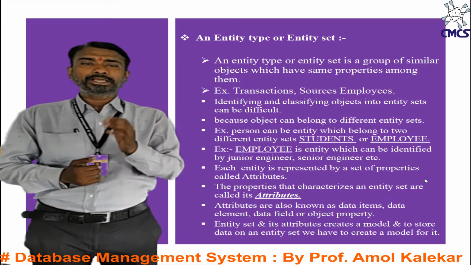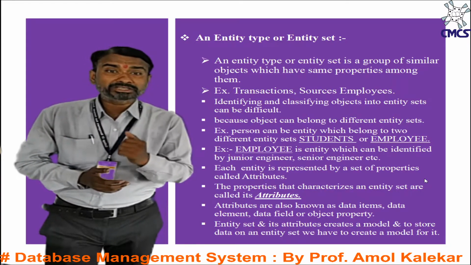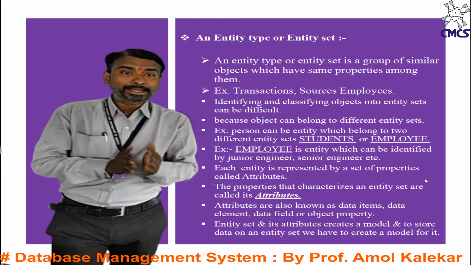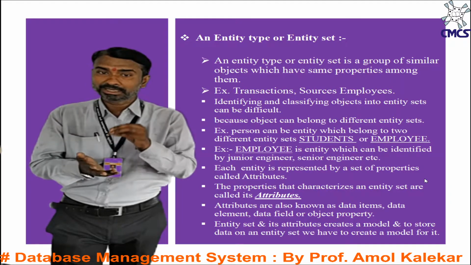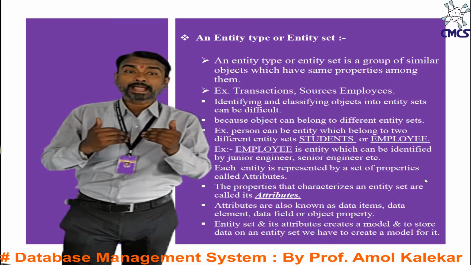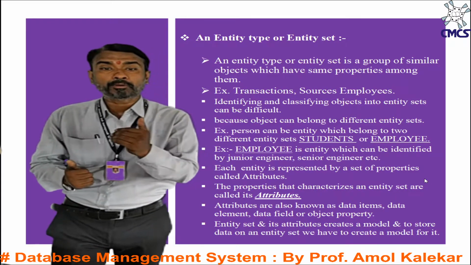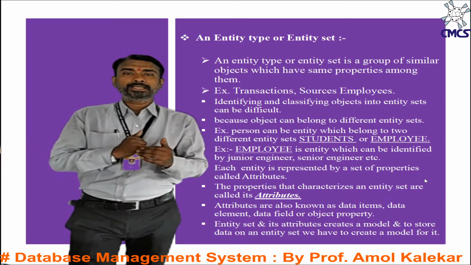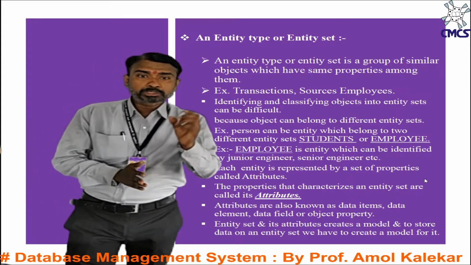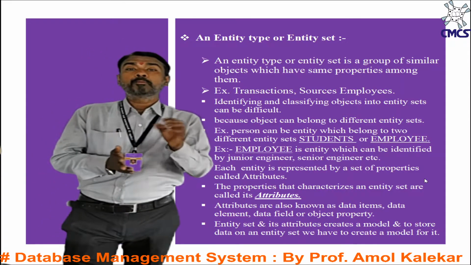Again, we can say that each entity is represented by a set of properties called its attributes. The properties that characterize an entity set are basically called its attributes. Attributes are also known as data items, data elements, data fields, or object properties. Then we can say that an entity set and its attributes create a model, and to store the data on an entity set we have to create a model for it.